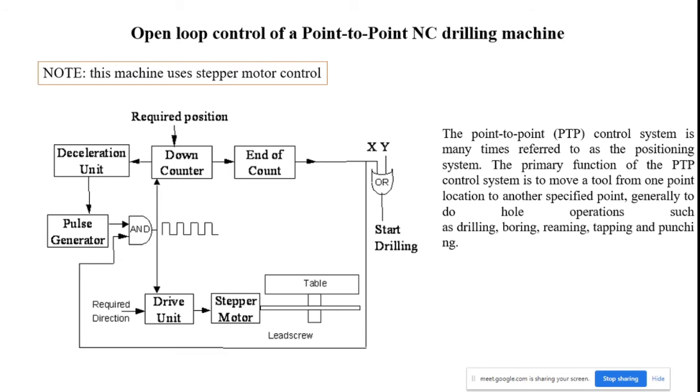And then, I already told about open loop control. What is the meaning of open loop control? If we use the same open loop control in a drilling machine, what happens is the pulse generator generates a signal to the driving unit, and then it emits a signal to the AND gates.